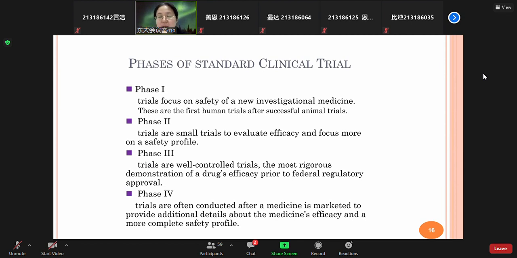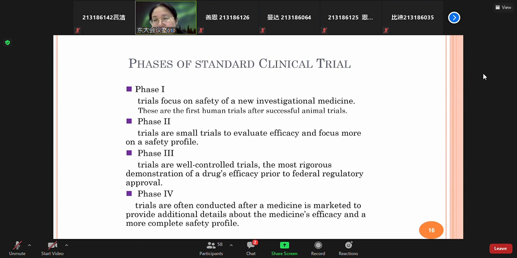have to follow the regulation for clinical trials, because based on the formal regulation, the clinical trial can be carried out legally.